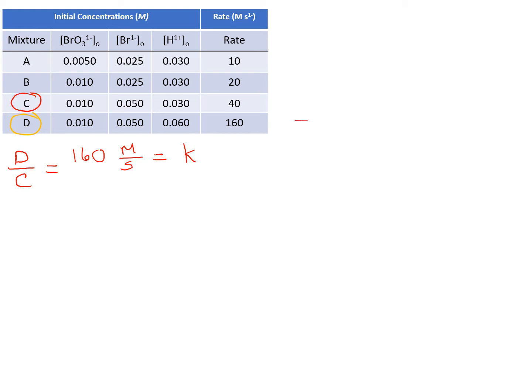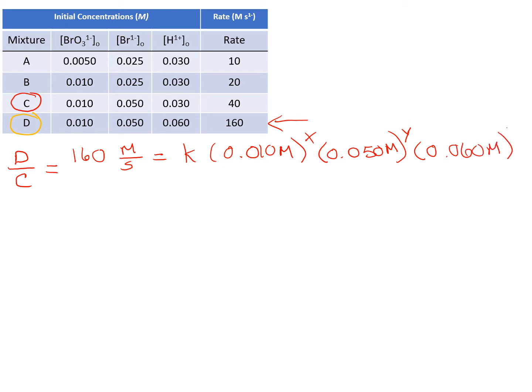Again, I'm looking at D, so we have 0.010 molar raised to the X, and then we have 0.050 molar for bromide raised to the Y, and then 0.060 molar of the hydrogen ions raised to the Z. I'm going to divide it by my information from experiment C.